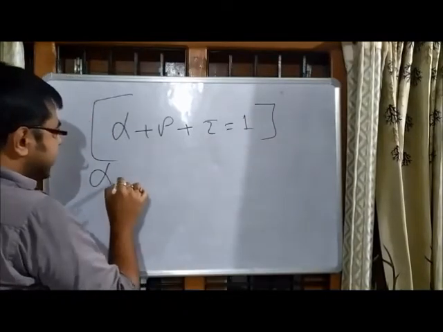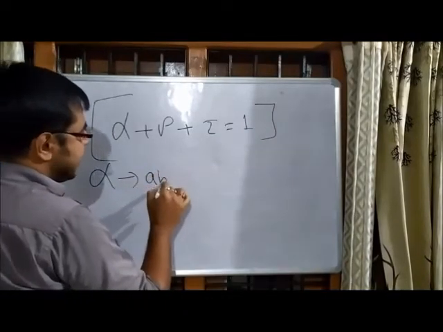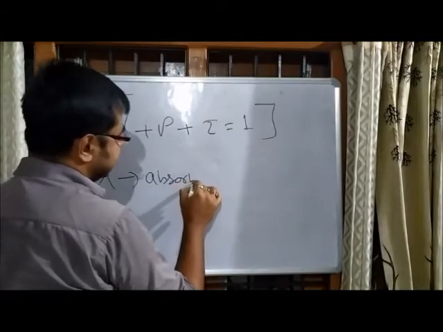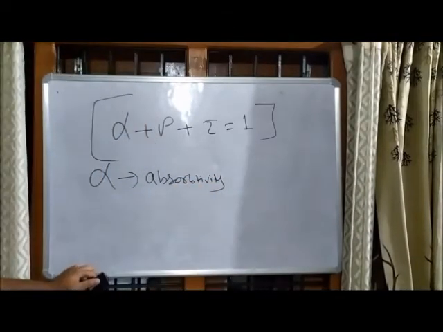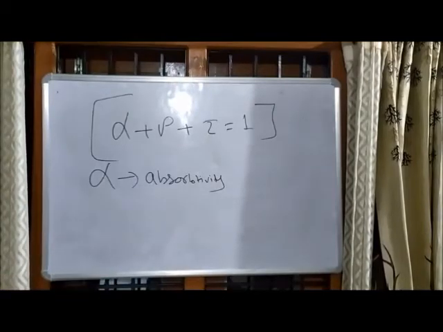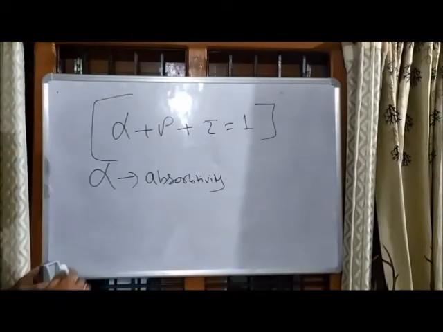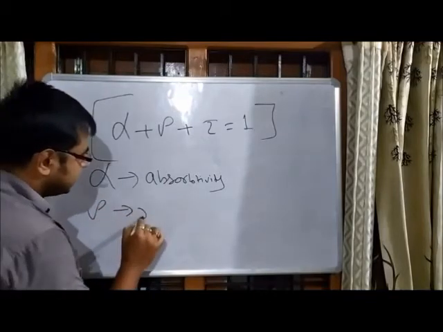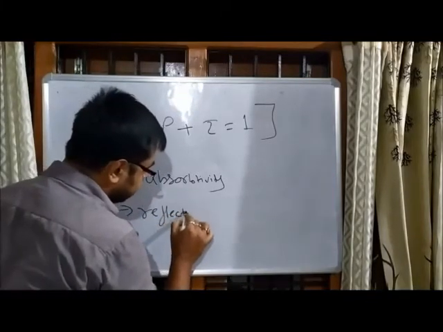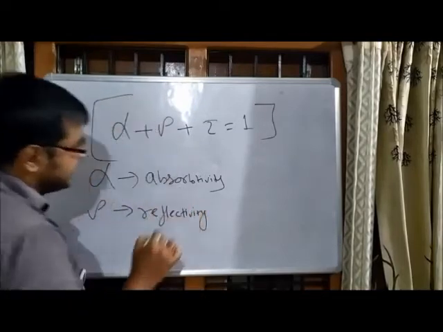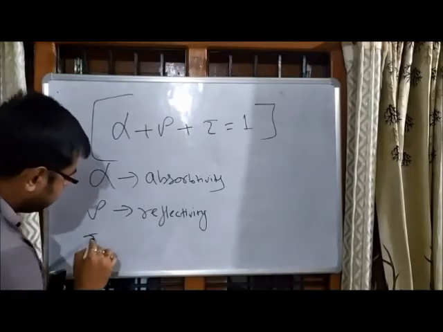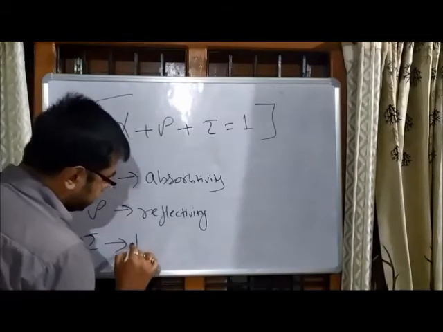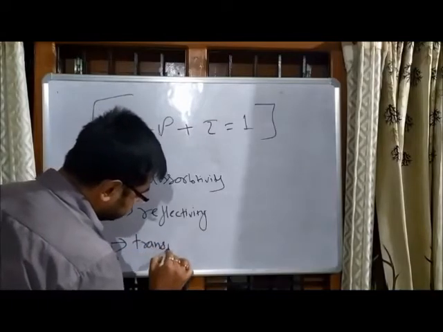The alpha stands for the absorptivity, the rho stands for the reflectivity, and lastly the tau stands for the transmittivity.